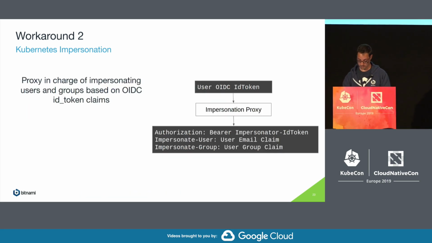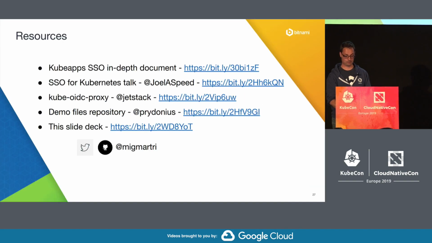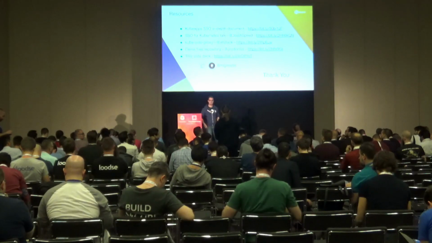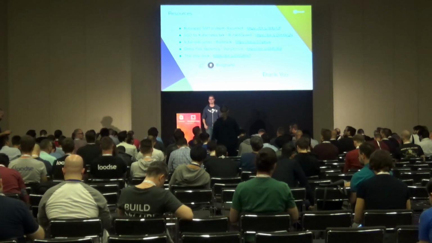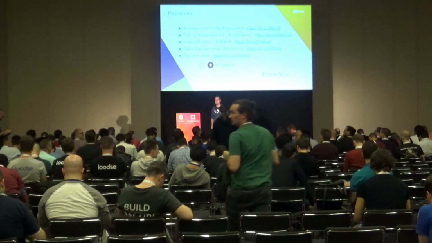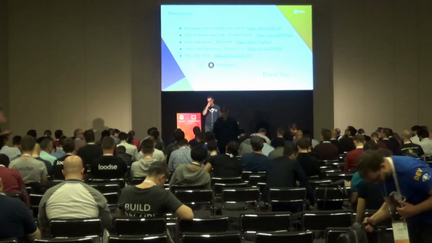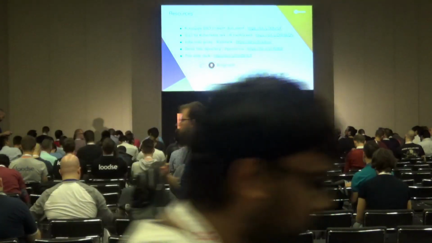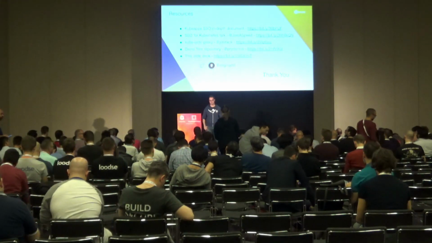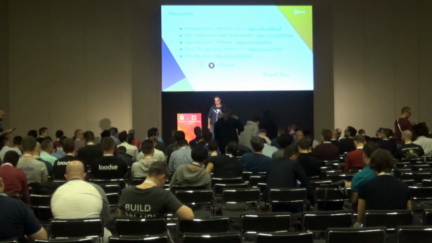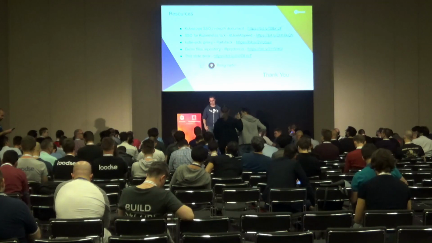I also have a question. As I understand, as long as you are using a web browser, so for example, you log into the web console, it's really simple and seamless. You just go to a page and you get signed on automatically. But if you are going through the command line, you still have to go to the web browser, obtain the token, and then copy it manually to the command line.